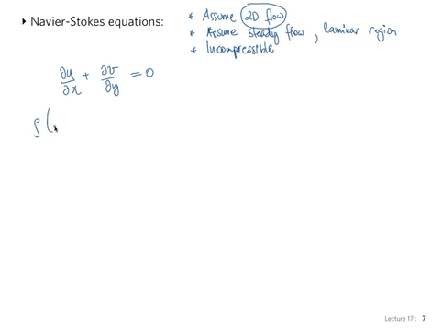So I'll not write the partial with respect to time because it saves us some writing. But I will write all the other ones. So we have u du dx plus v du dy is our acceleration in the x direction equals minus dp dx and the viscous term plus mu, the Laplacian of u, the first component of velocity.